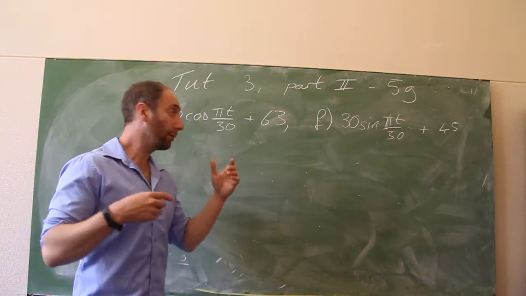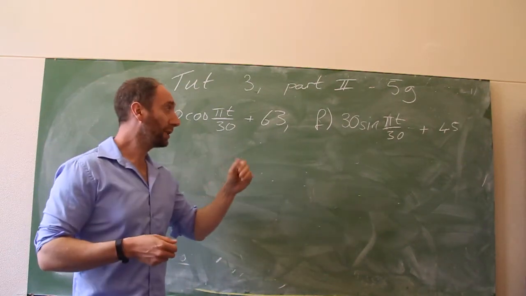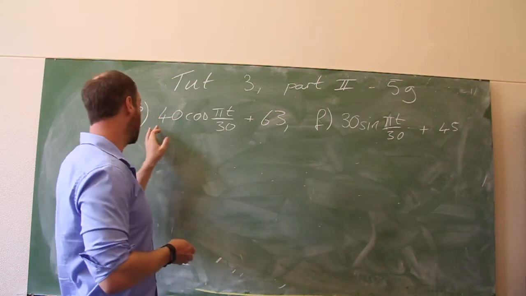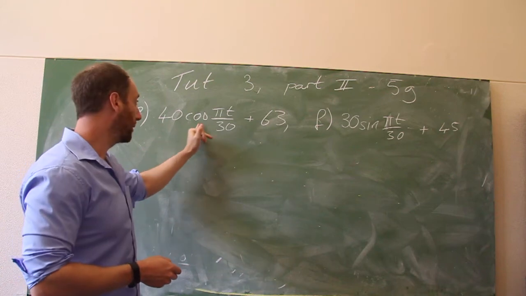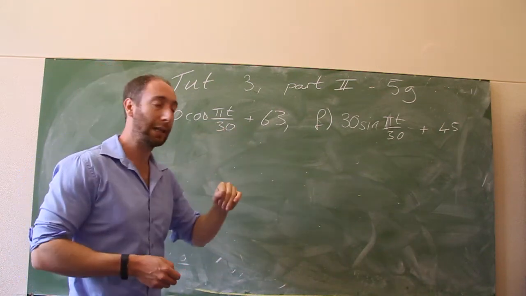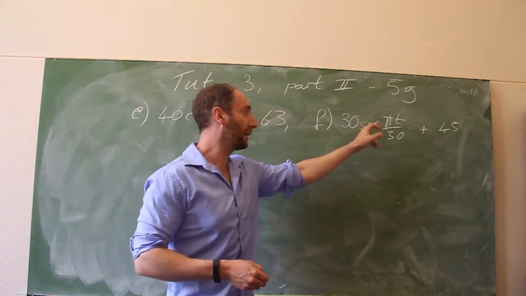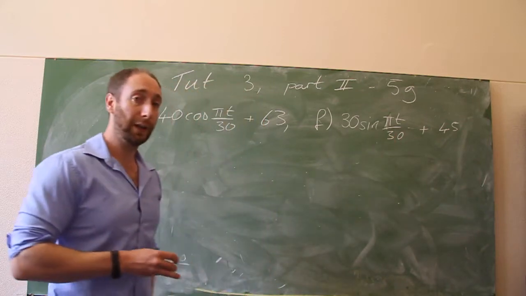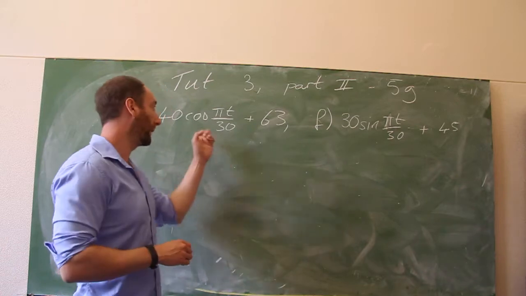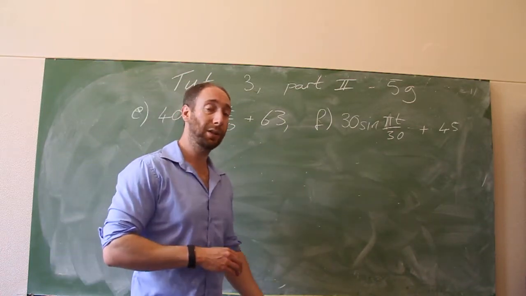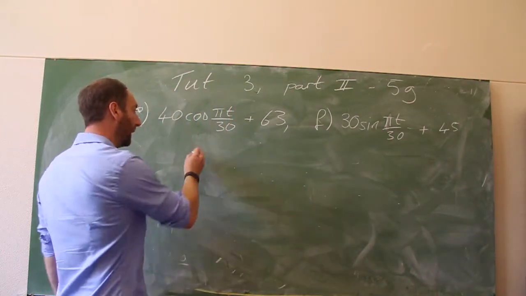Through the first six parts, we calculate the tutorial attendance in one of the classes, which we find is 40 cos(πt/30) + 63, and in the other is 30 sin(πt/30) + 45. The next question is, what is the overall attendance? If we add together the attendance of these two, clearly we can add those together.